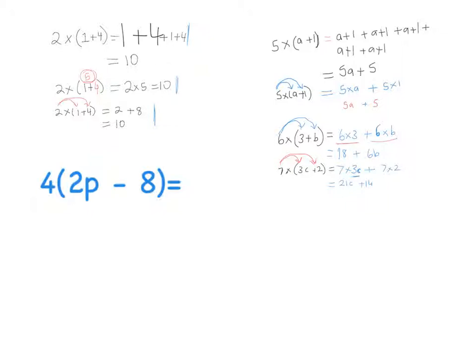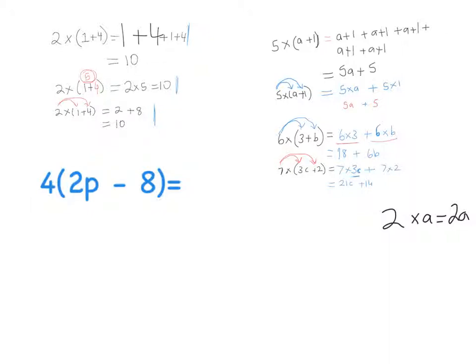Oh look, another question has just popped up for us. 4, oh, we're missing the times. I wonder if any of you can remember what happens when there's nothing written in between two things. It's like when we have 2 times a, which mathematicians, being really lazy, just write as 2a.